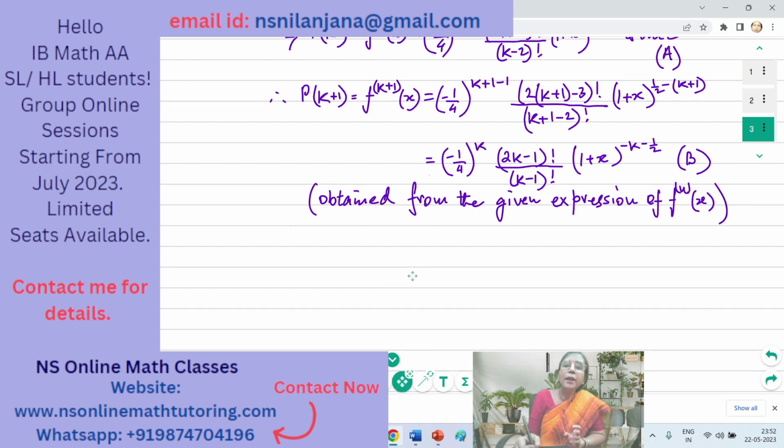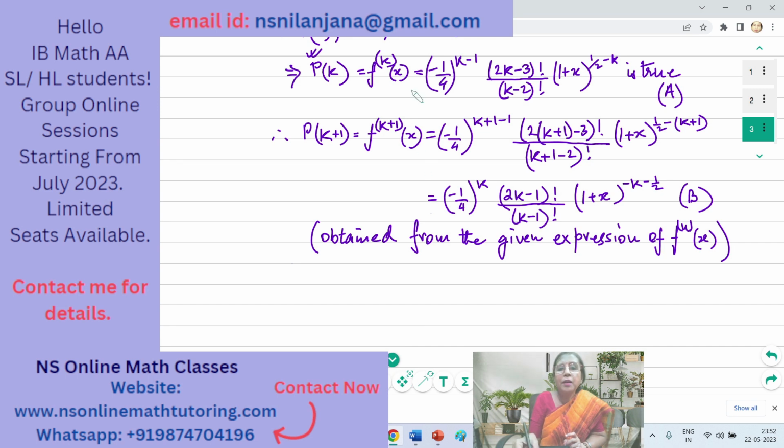Now we will be getting P of k plus 1 by differentiating this P of k. Because P of k is the kth derivative of f of x, we will be differentiating this to get the k plus 1 derivative of f of x. Okay?